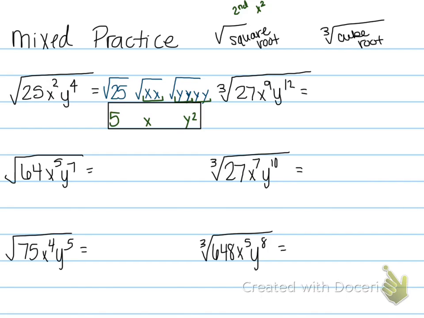Okay, I'm going to do the bottom right corner. So the cube root of 648, x to the 5th, y to the 8th. I'm going to do the very last problem. I'm going to break this into the cube root of 648, the cube root of x to the 5th, and a cube root of y to the 8th.